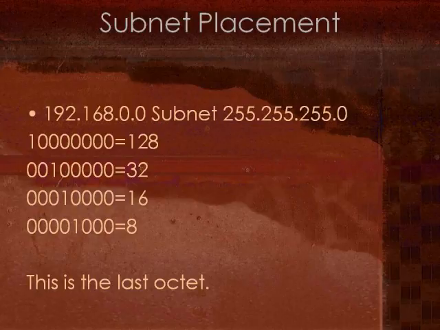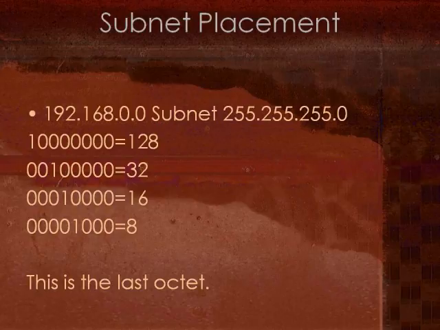On the second network, we needed 30 hosts, and the placement value for that is 32. On the third network, we needed 8 hosts. However, we also need a broadcast address and a network address, so that would need 10 host addresses. The correct block size for that is 16.